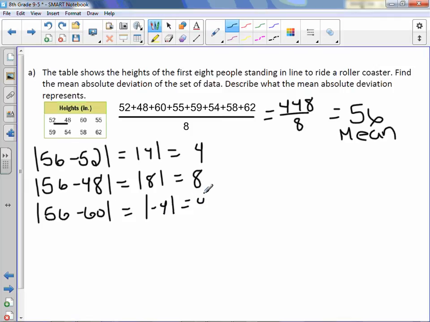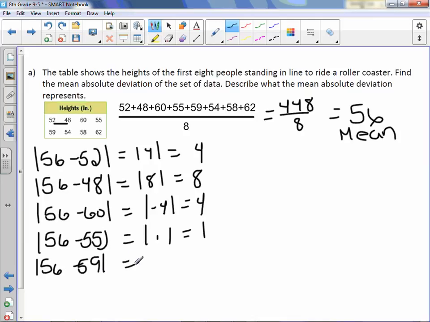The absolute value is 4. 56 minus 55 is 1. The absolute value of 1 is 1. 56 minus 59 is negative 3. The absolute value being 3.